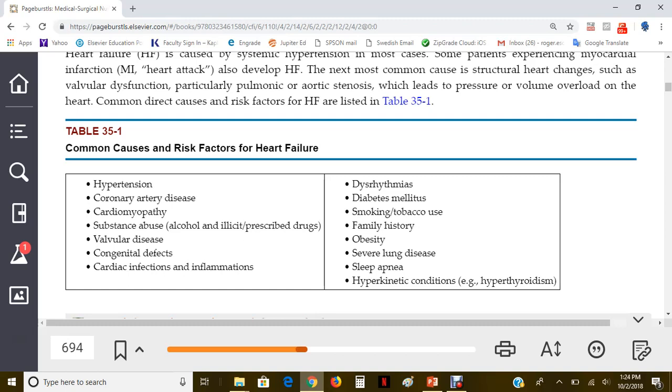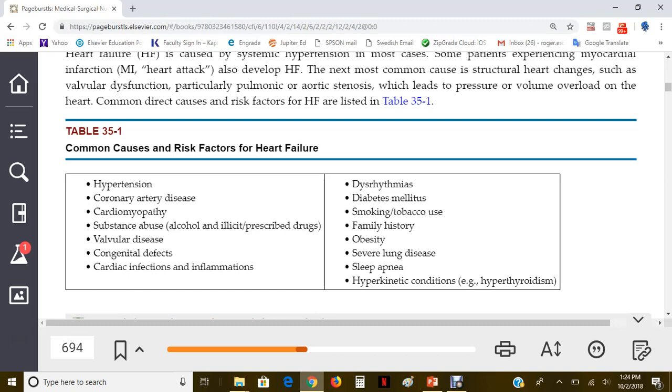Smoking or tobacco abuse, of course, causes vasoconstriction, which increases afterload. Family history, usually hypertension, high cholesterol, which all increase afterload. Obesity, of course, leads to hyperlipidemia, which causes narrowing of your arteries. That will again affect afterload.